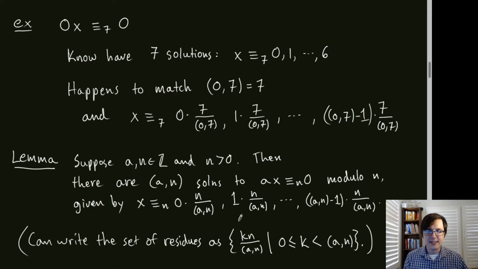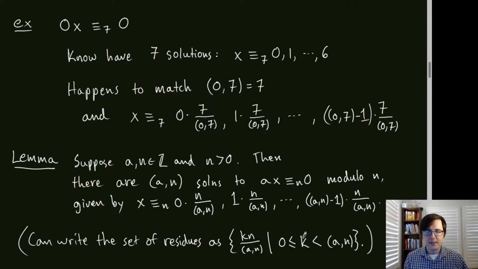And just to reiterate what they were, the solutions are given by 0 times the modulus over the GCD, 1 times the modulus over the GCD, and all the way up until the GCD minus 1 times the modulus over the GCD. As a side note, we can write this list of solutions as a set: k times n over the GCD, such that 0 is less than or equal to k is less than the GCD.